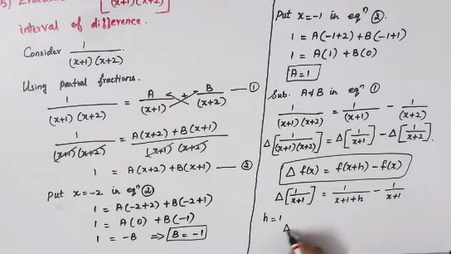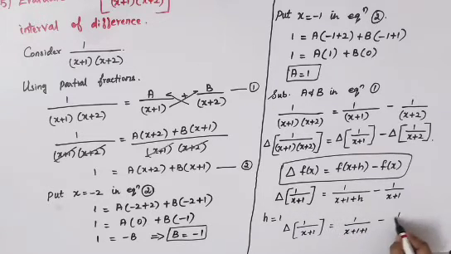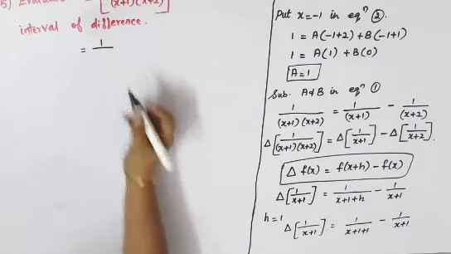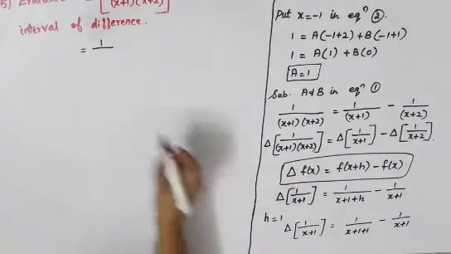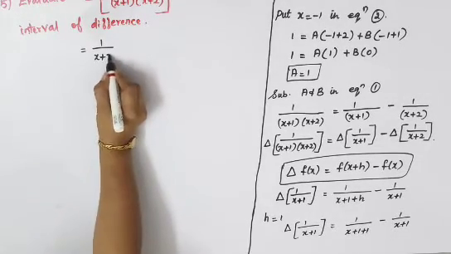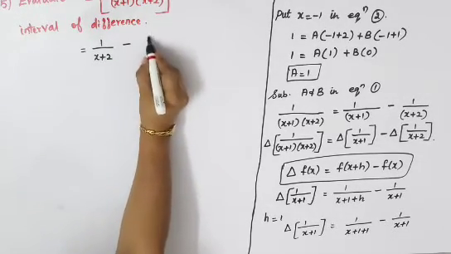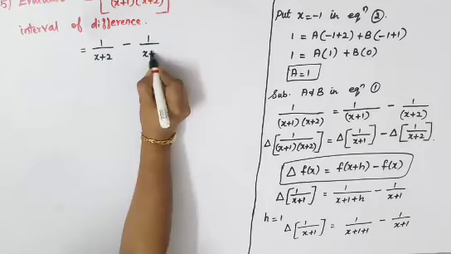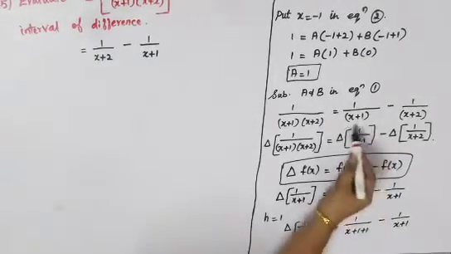So delta of 1 divided by x plus 1 is equal to 1 divided by (x plus 1 plus 1) minus 1 divided by (x plus 1), so it is 1 divided by x plus 2 minus 1 divided by x plus 1. So this is your first part, we have got it.